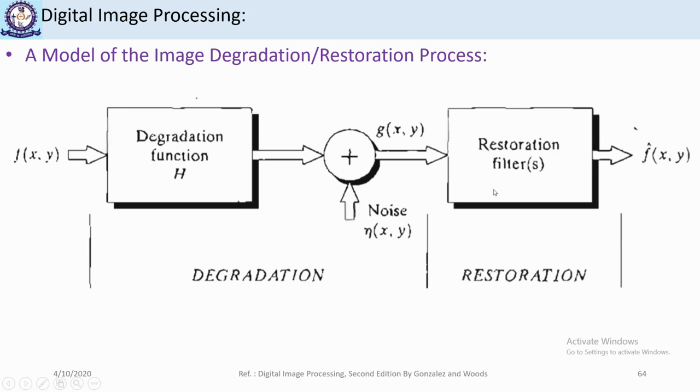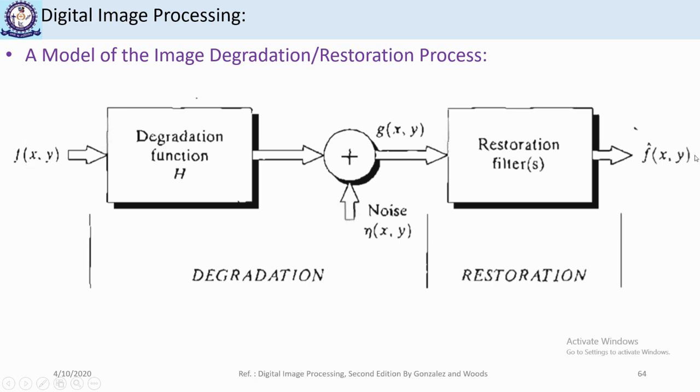Now in the restoration filter, we try to reduce this noise to zero, and we perform the operation inverse of this degradation function, and then we try to achieve an image which is the same as the original input image.